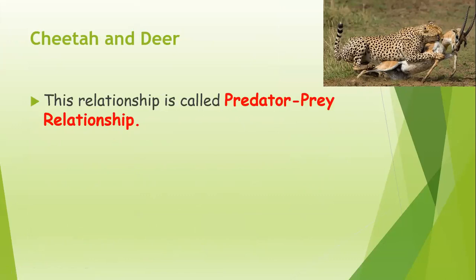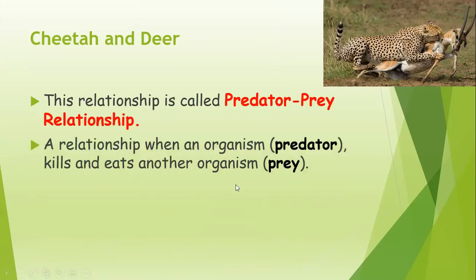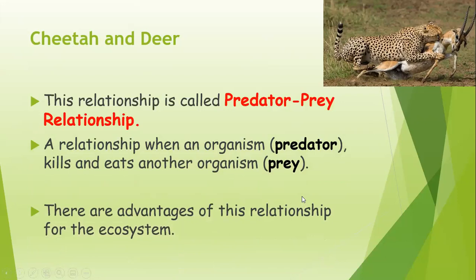Prey is an organism which gets killed and eaten by the predator. This relationship, where an organism kills and eats another organism, is called the predator-prey relationship.